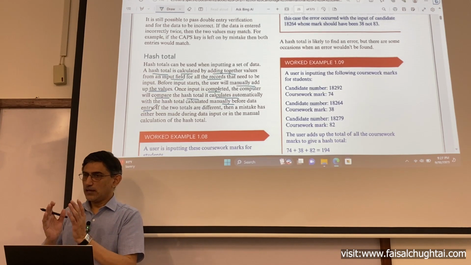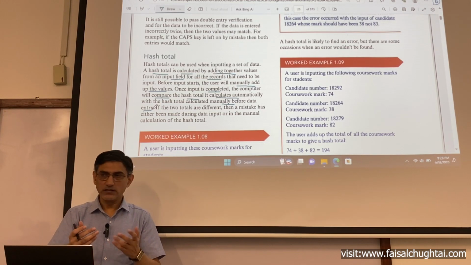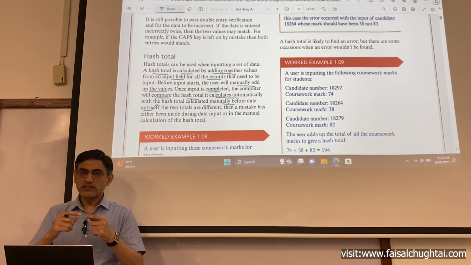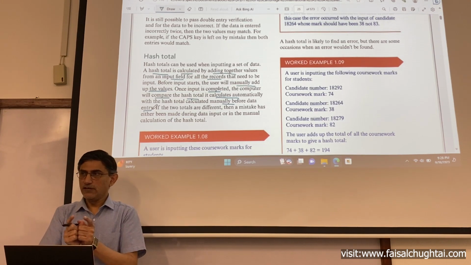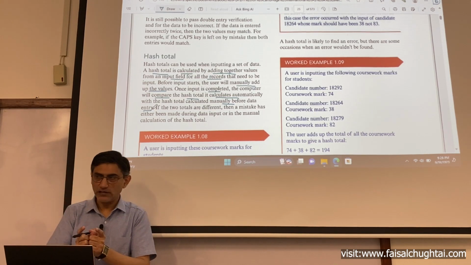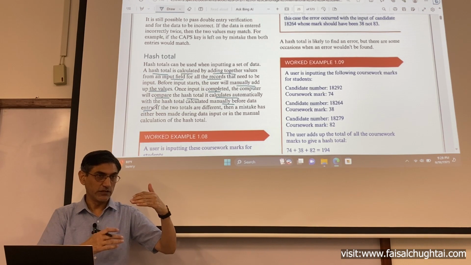Now, once that data is re-input or it is transmitted somewhere, to make sure that there is no error, the same hash total is performed by the computer to see if the hash total that is calculated by the computer is the same as the one that was initially manually calculated.